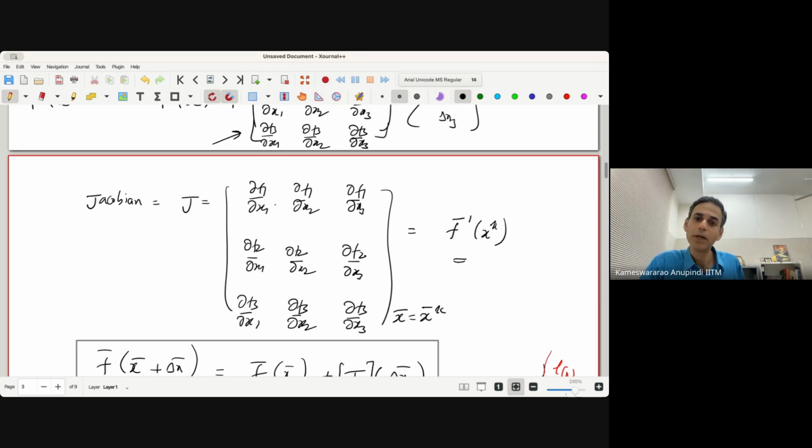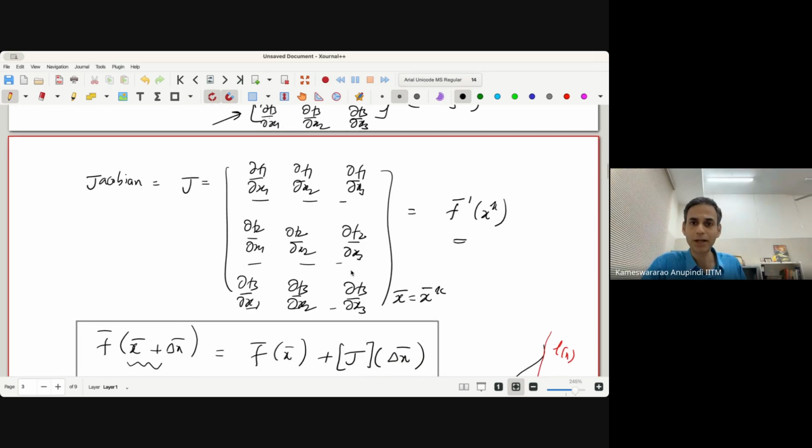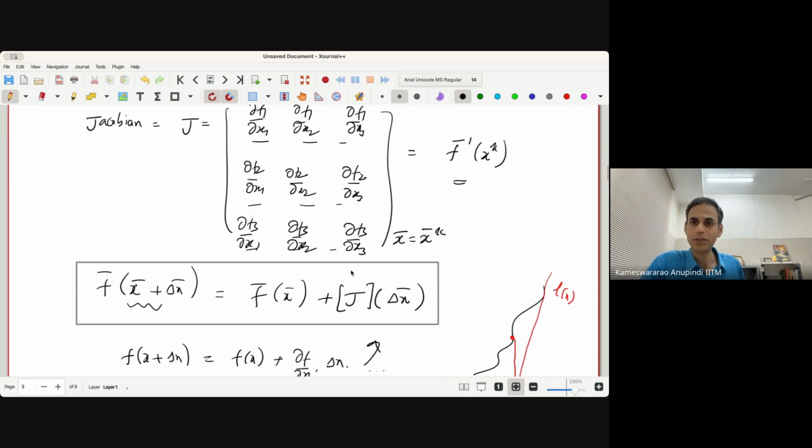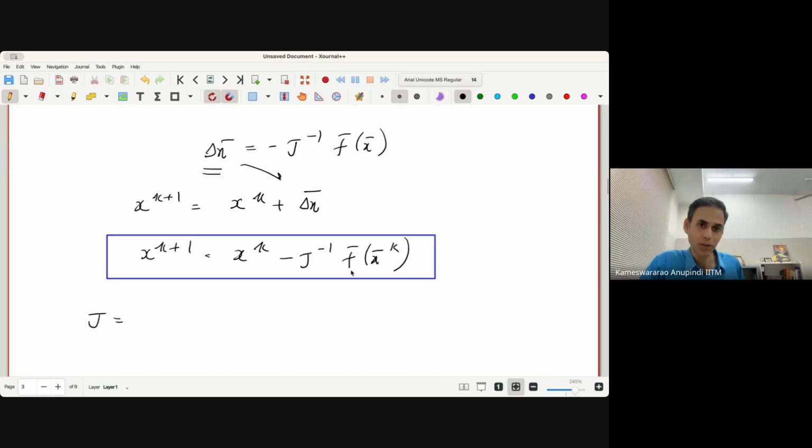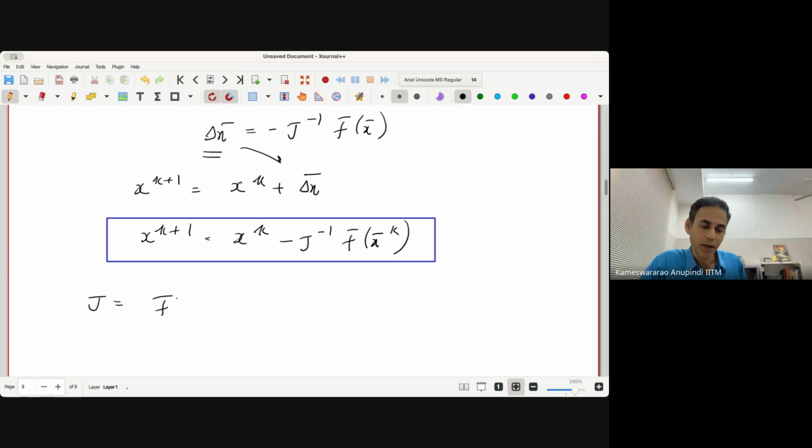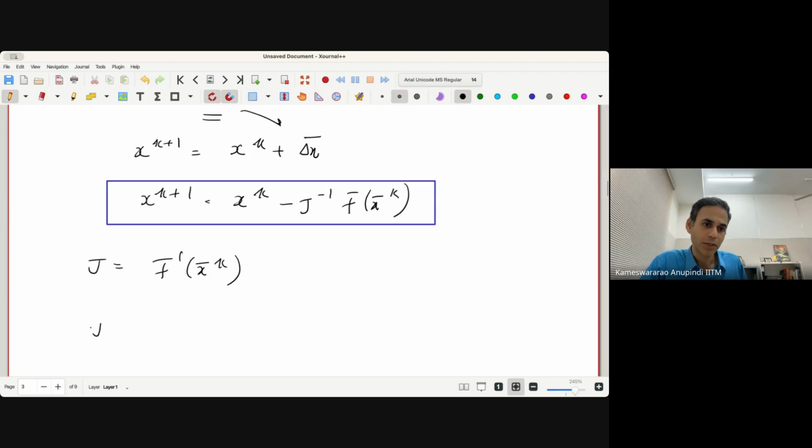So this is going to be the derivative of each of the functions in each of the directions. That's going to give you 3 by 3 for a 3 by 3 system, and n by n if there are n variables and n functions. Okay, so J equals f bar prime of x bar of k, which means my J inverse is going to be f bar prime of x bar k inverse, right?